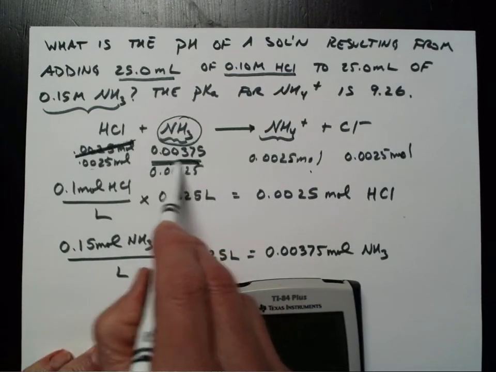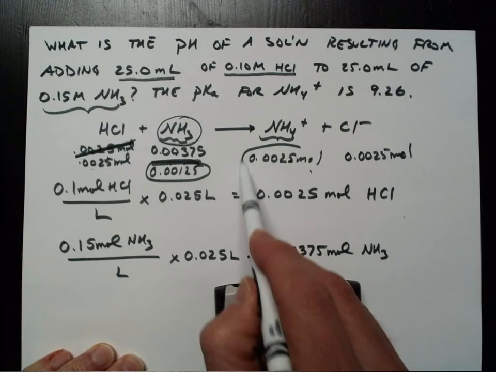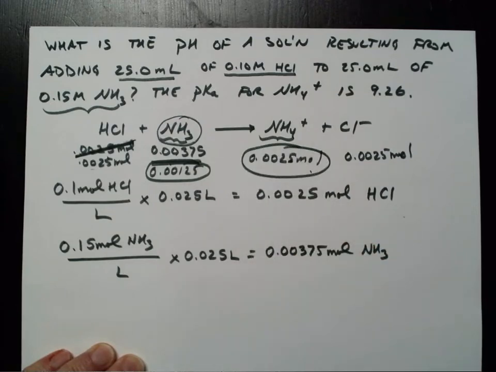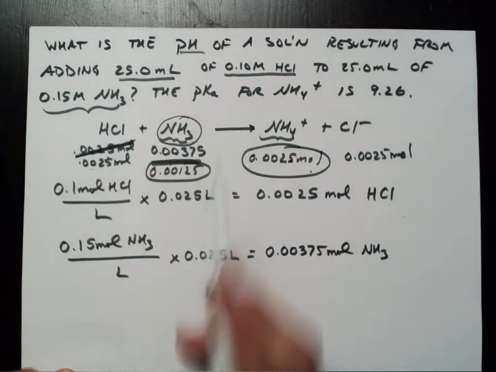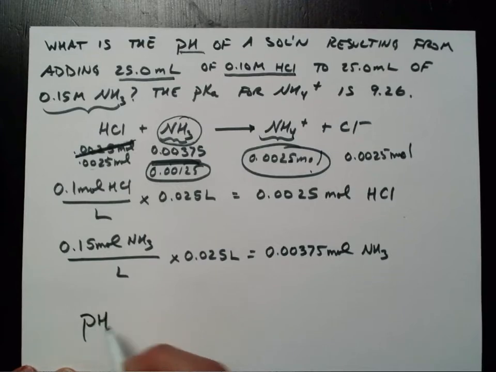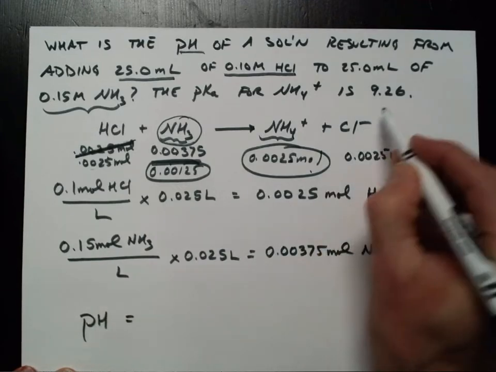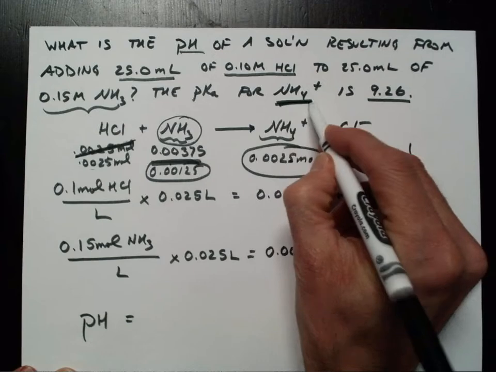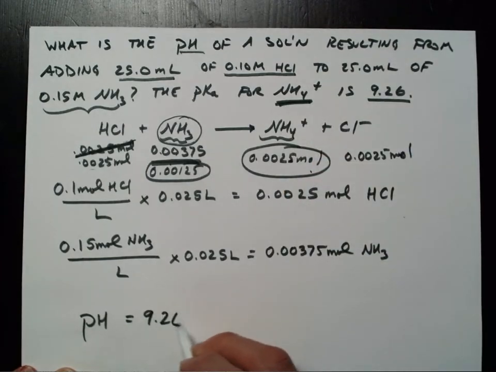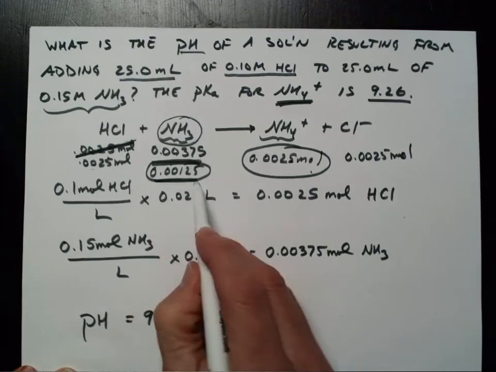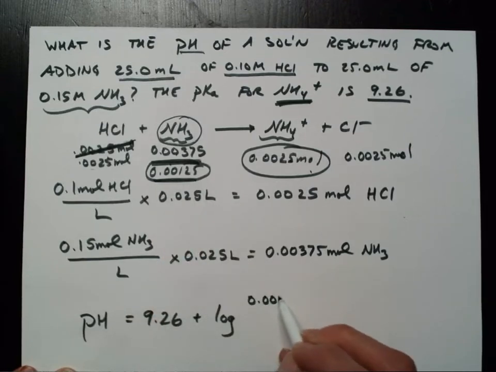So you'll see I have a buffer present. I have a conjugate base and a conjugate acid. So I'm going to use a buffer equation now, because I'm trying to find the pH. So the pH is going to be the pKa for ammonium, which is 9.26, plus the log of the conjugate base. That's going to be 0.00125.